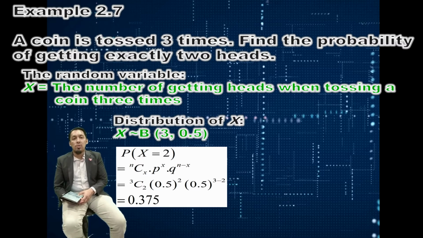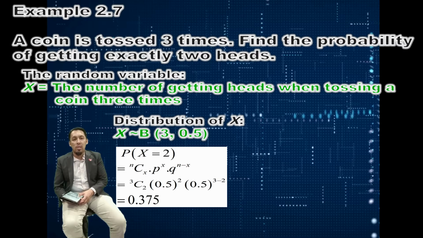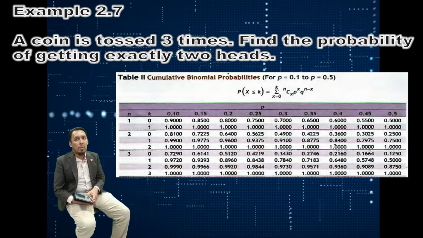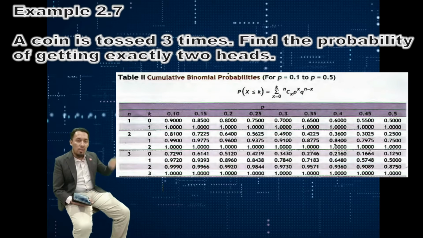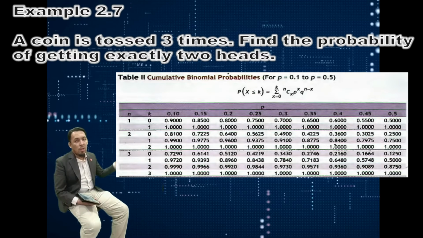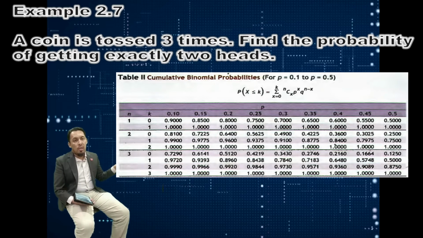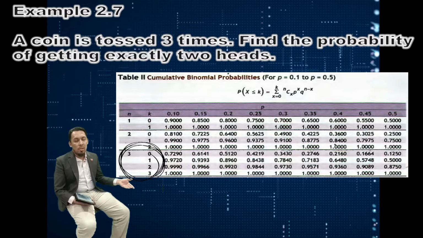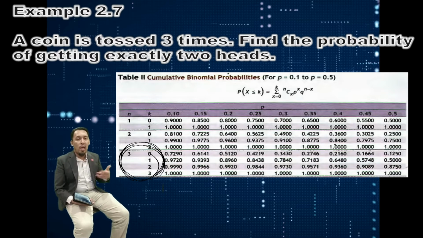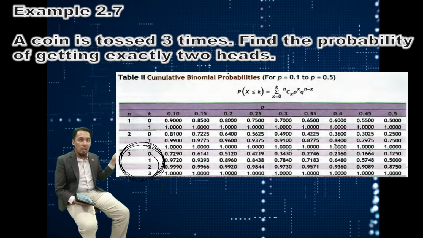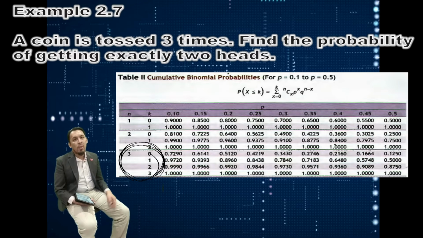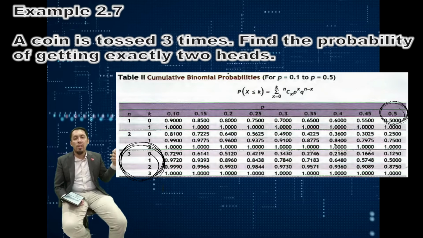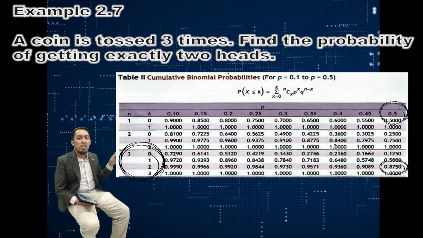You can also try to answer it by using the table. This is the previous table that I have shown you before. If you look at the table for n equal to 3, and for our case x equal to 2, or k here equal to 2, and the probability of 0.5, you will get 0.875.